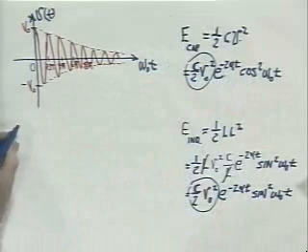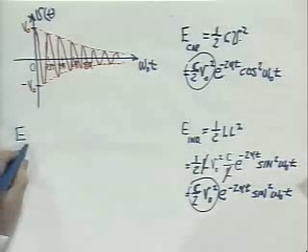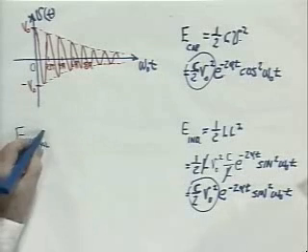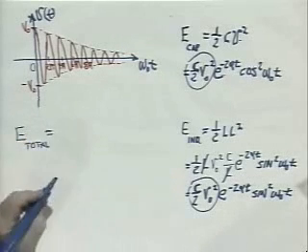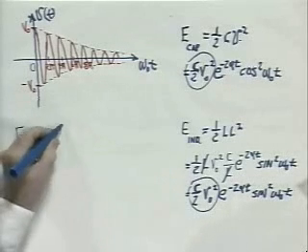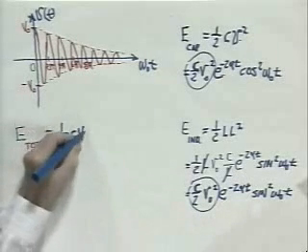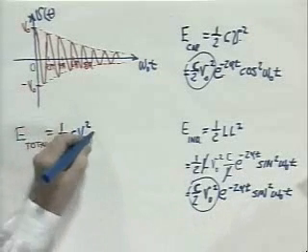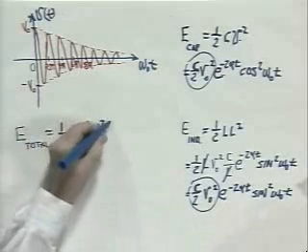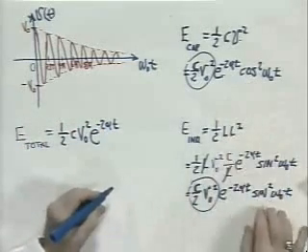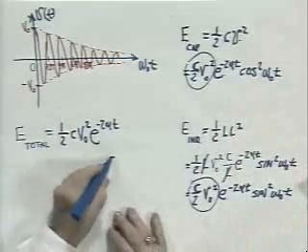The point is, however, that the total energy stored in these two energy storage elements, capacitor and inductor, is just adding these two together: 1/2 C V naught squared e to the minus 2 alpha t times cosine squared plus sine squared, which equals 1.